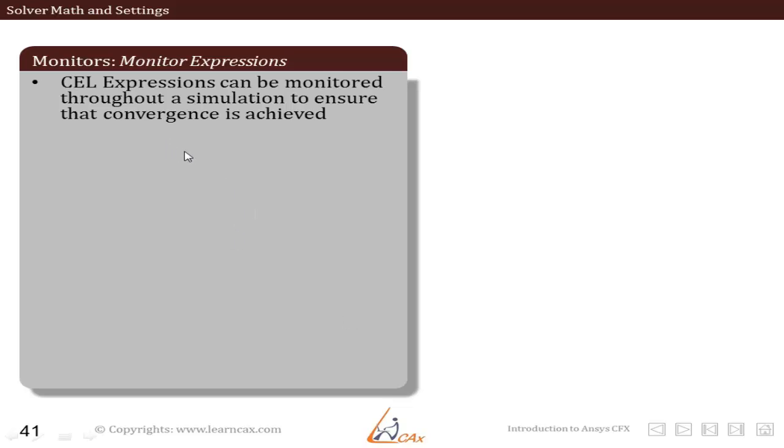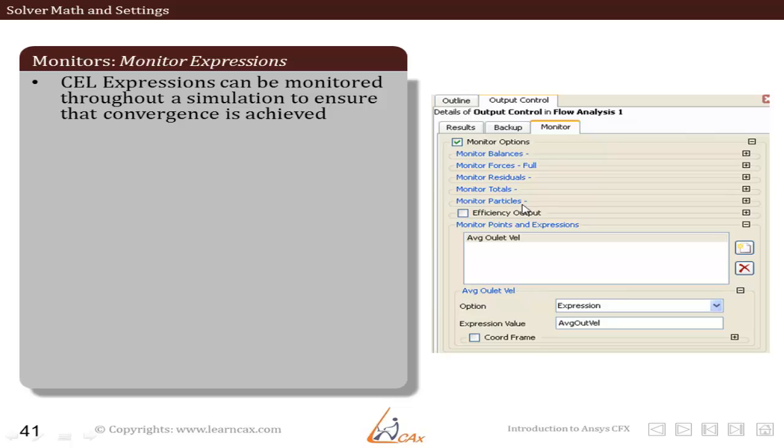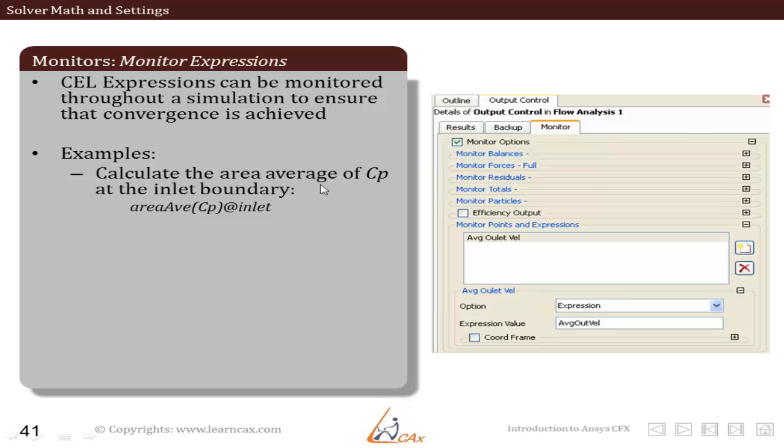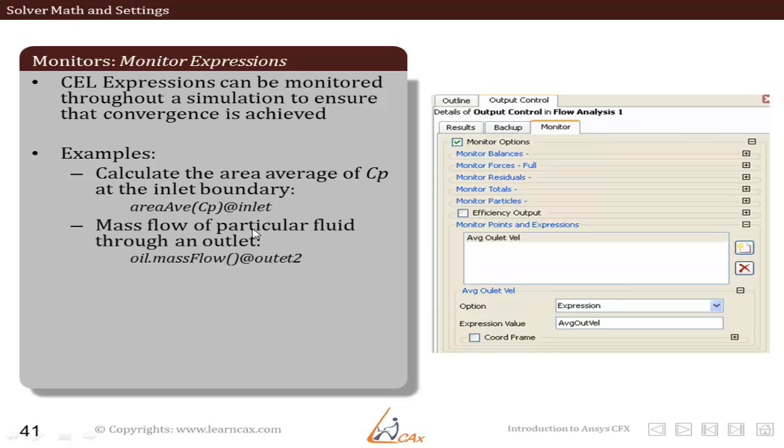The next tab is of monitors, where we can monitor different values like flux balances, mass balance, forces, residuals, as well as some additional variables or expressions that we can create using the monitor expression. An example here is an area average of the CP value that can be saved, as well as the mass flow rate at outlet 2, which is of interest.